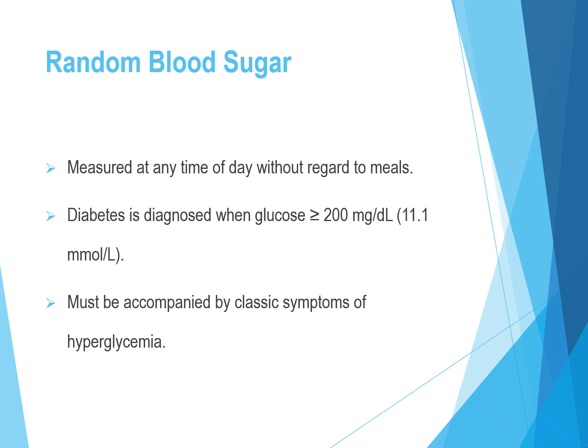A patient arrives in the clinic complaining of excessive thirst and frequent urination. Their random plasma glucose is 245 milligrams per deciliter. Even without fasting, this result combined with their symptoms is sufficient to diagnose diabetes immediately, as recommended by ADA guidelines.